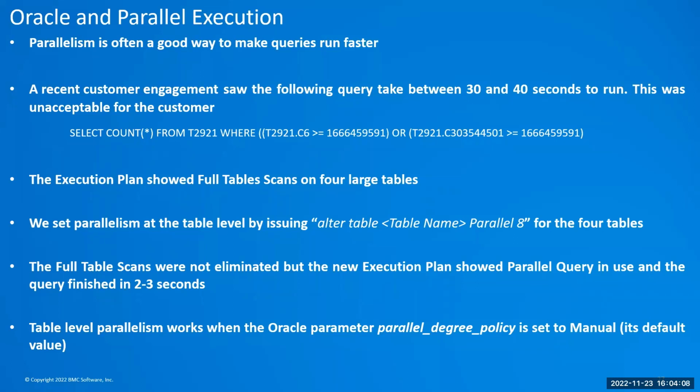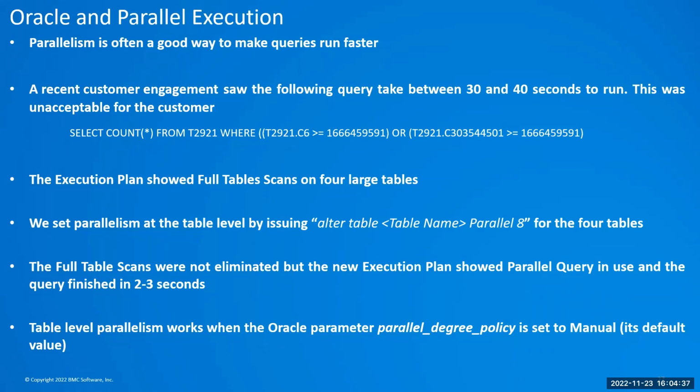Couldn't do much with this. So what I resorted to was, for this particular customer, I asked them to alter those 4 tables and set the parallel to 8, because I think it was a 48 CPU system. The full table scans were still there in the execution plan, but parallelism was at play here, and the query finished in 2 or 3 seconds.